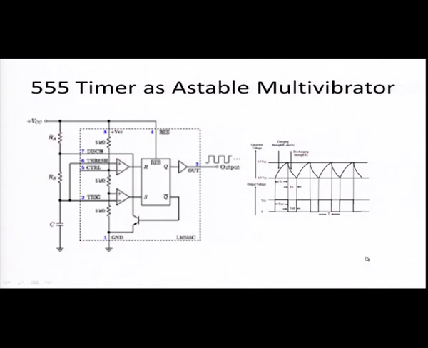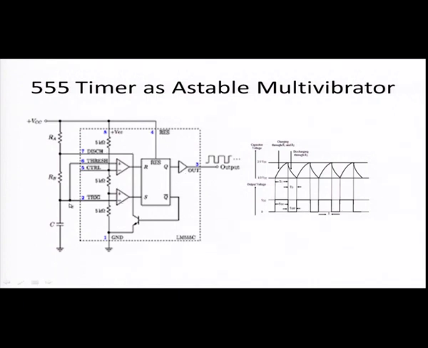Okay. So, once the supply voltage is given as VCC, the capacitor charges towards VCC through the resistors RA and RB. Once it crosses 1/3 VCC, this lower comparator sets the flip flop, and Q will be high and Q bar will be low. So, you have a high output here. Previously it was in a stable state, and you have a high output if the capacitor's voltage is just above 1/3 VCC.